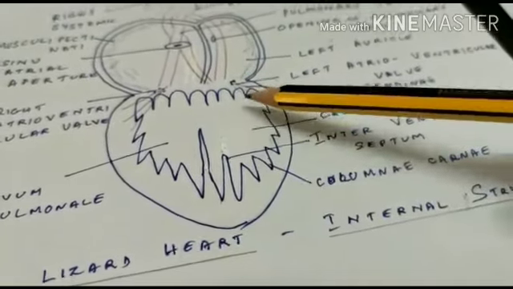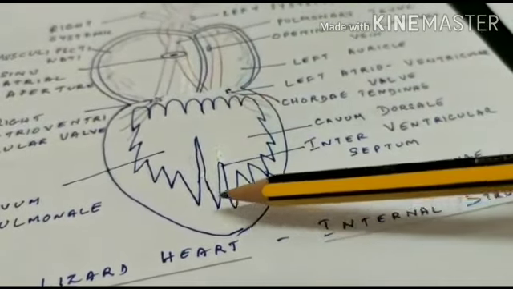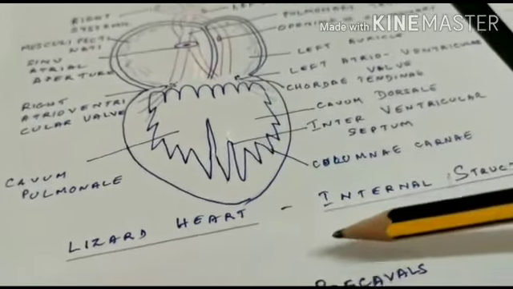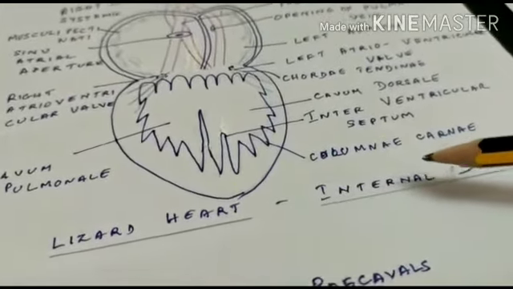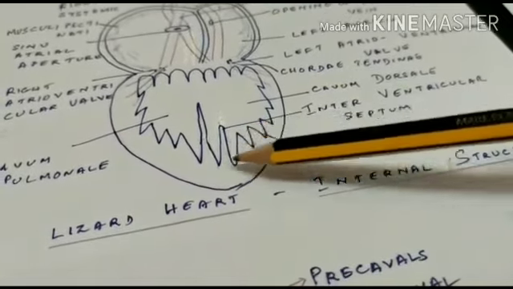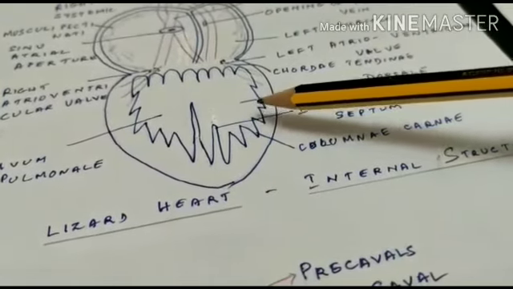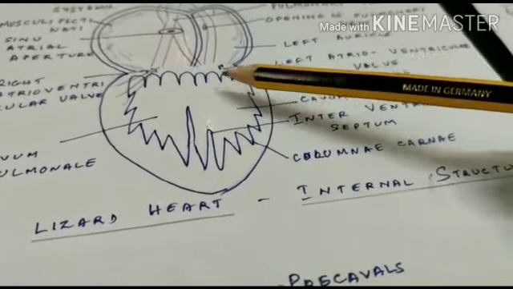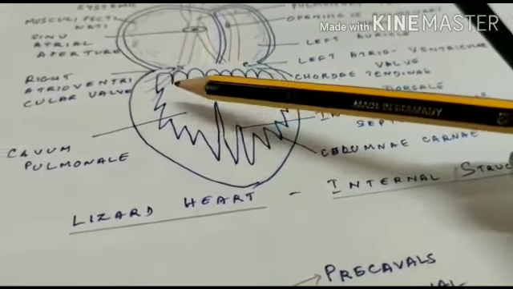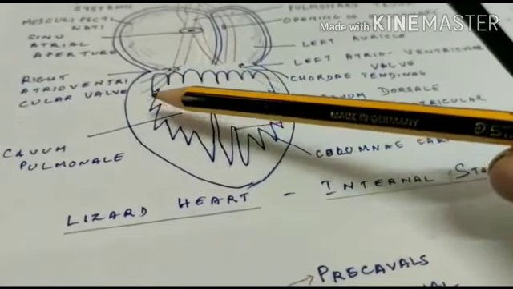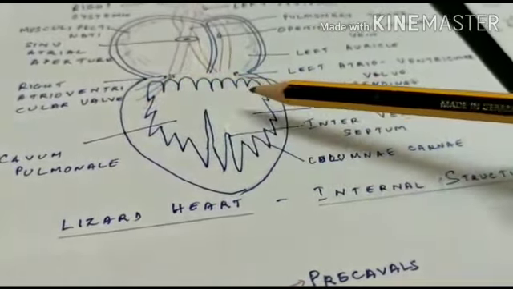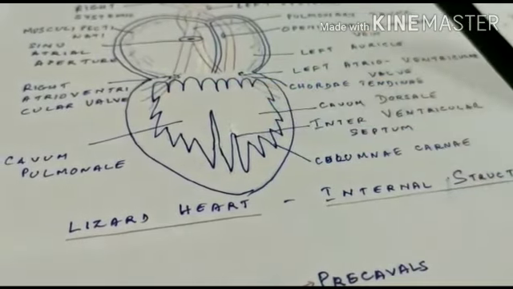Next, these projections are referred to as the columnae carneae or the trabeculae. The left atrioventricular valve and the right atrioventricular valve are connected to the wall of the ventricle by fine threads which are made up of collagen.